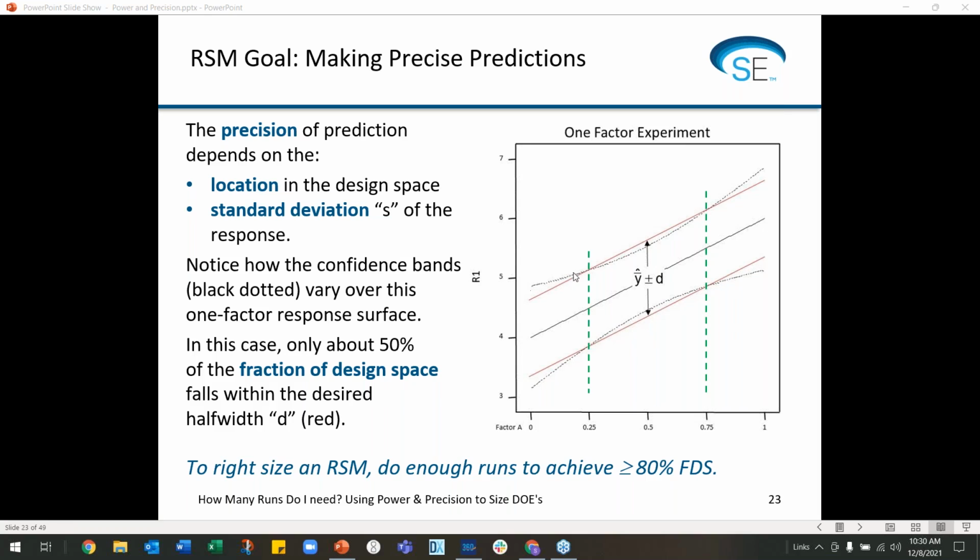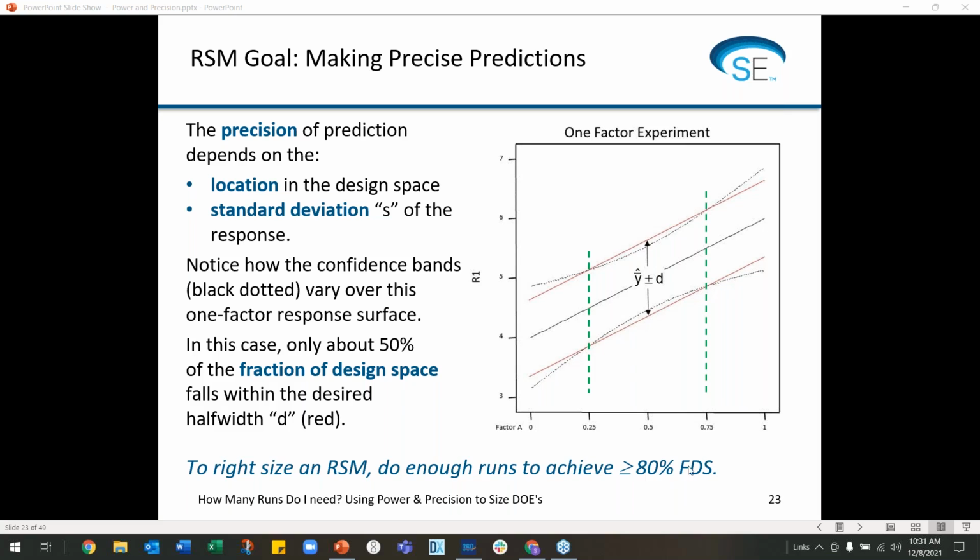Outside this, the confidence interval is going wider. It's bigger than what we want. So we really want these green lines to span more like 80% of the design space and not just the middle 50%.